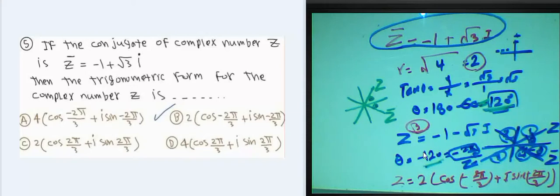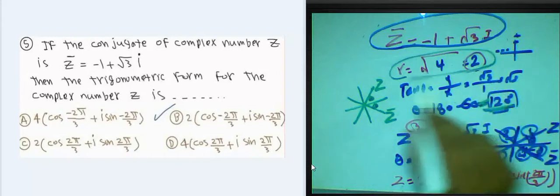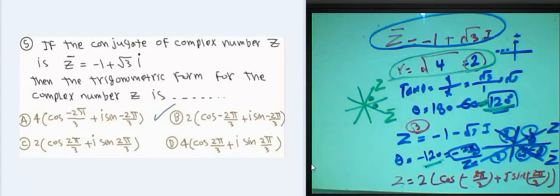The length of the side of z equals 2, r equals 2. Don't change the r, but we must change the angle. It will be negative 120, negative 2 pi over 3. Then we must choose letter B for this example.